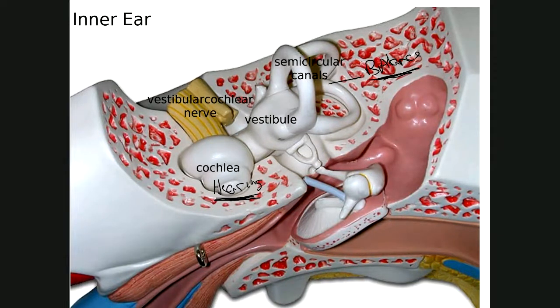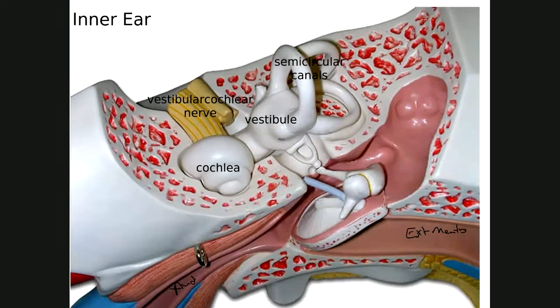And so if we look at what we've talked about so far, here's our auditory tube over here. Remember that connects to the nasal cavity. Our external ear, you can't see much of it, but there's the external auditory or acoustic meatus. And then here is this tympanic membrane.